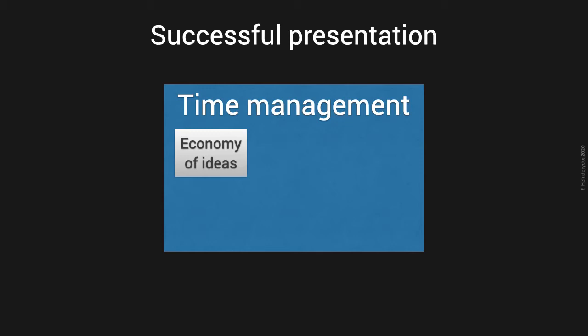Along the same lines, once you've decided how many ideas you want and what ideas you want to fit into your talk, go by the economy of words. You don't need to speak like a telegram or like a Twitter feed with as few words and short sentences as possible. It's just a matter of trying to be efficient about it.